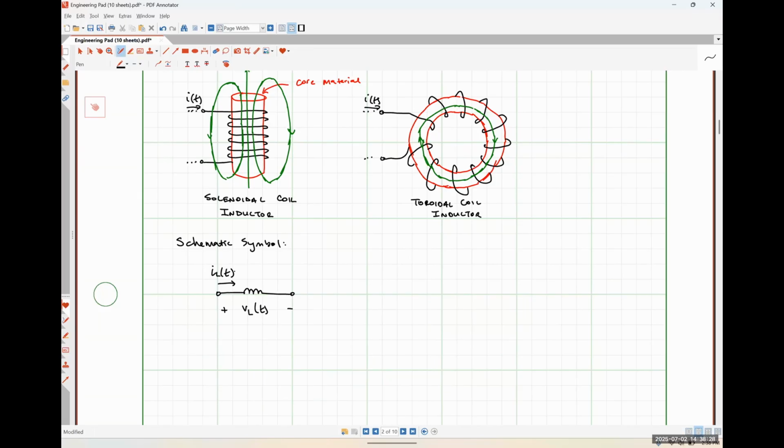So now let's get into the math behind this. Okay. So I'm going to go ahead and put the symbol for inductance here, L, on our schematic symbol. Okay. So just like R means resistance, L, for whatever reason, is used as the symbol for inductance. Okay. Now I'm going to introduce the current and voltage relationship for an inductor.